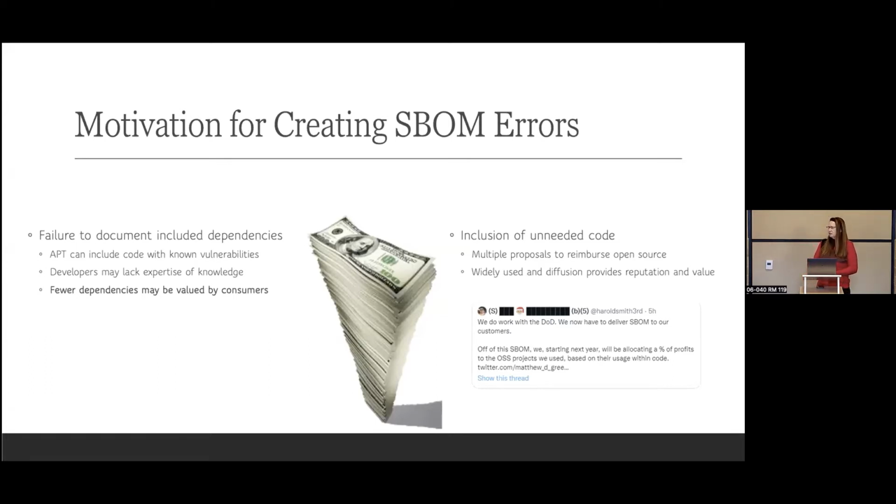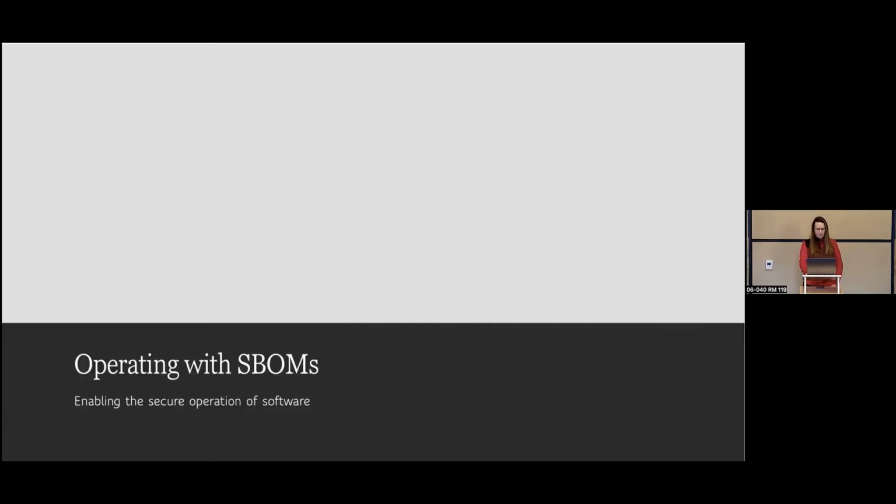So maybe I write a little piece of code and it turns one bit on the entire screen from red to pink. And I shove it in everybody's code and it's totally pointless and useless. But if you use SBOM, I get the money. And also, if fewer dependencies begin to be valued by consumers, there's a systematic motivation for producers to misinform.